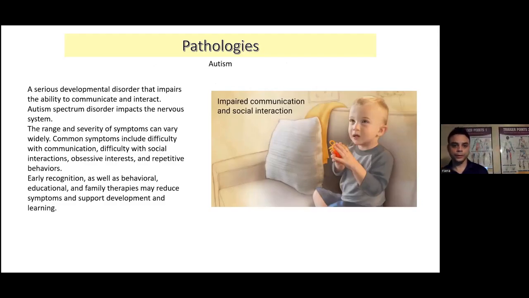So if someone is autistic to the point where they do have cognitive defects, then they more than likely have a caretaker. And anytime that someone has a caretaker or isn't considered able to consent for themselves, we always want to make sure that someone is there to consent for their care.